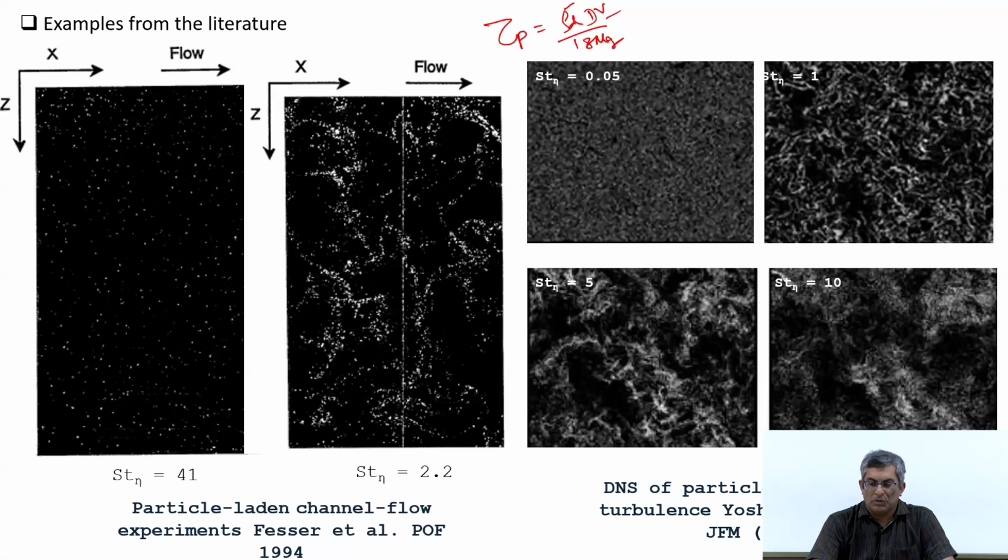So, the question is, why do you see the preferential accumulation if it is more than 1, either in simulation or in experiment? The thing is, we should not take this value literally. This should be of the order of 1, but still it is interesting what causes this clustering behavior or preferential accumulation behavior when we have Stokes number 10.